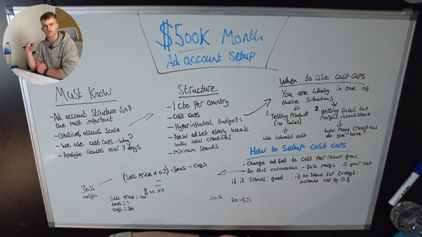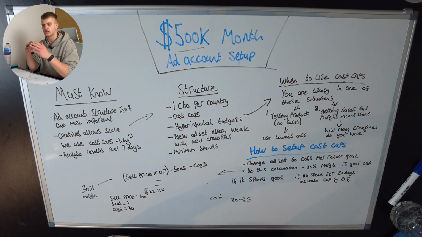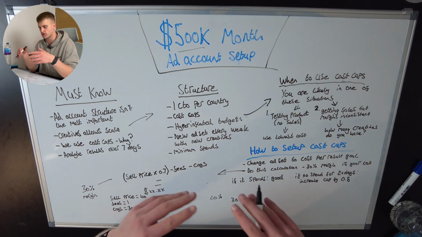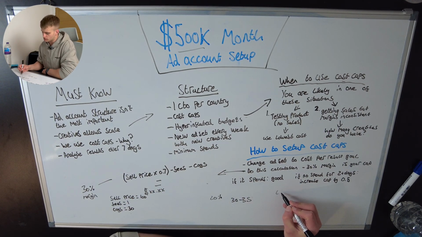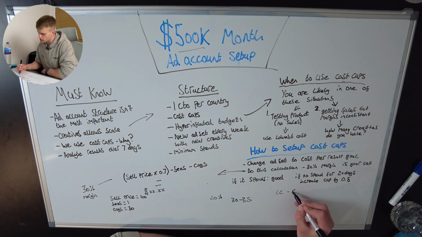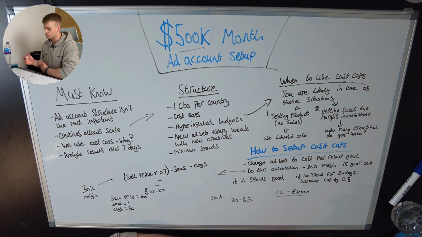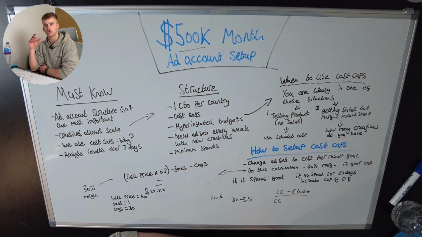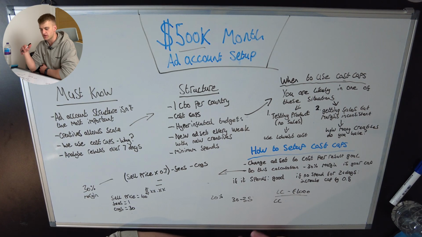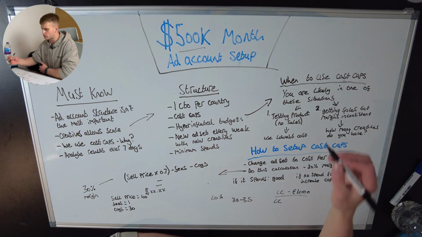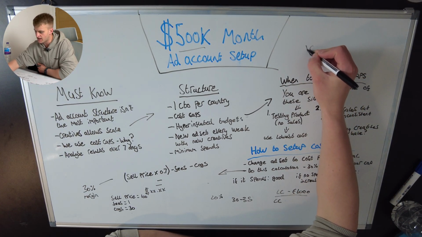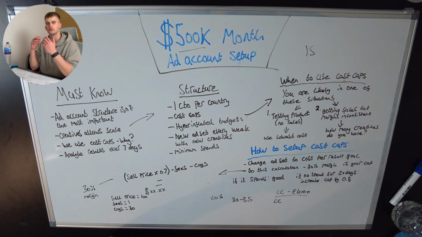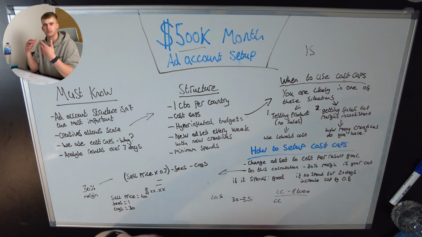If you don't know what cost caps are, it's basically just a way to manually bid on auctions. So for example, if you use lowest cost and you set a budget of £1,000, every single day it's going to spend £1,000. But with a cost cap, you set a specific target CPA on your account. For example, say we set the target CPA at 15, it's going to optimize and spend based on demand.